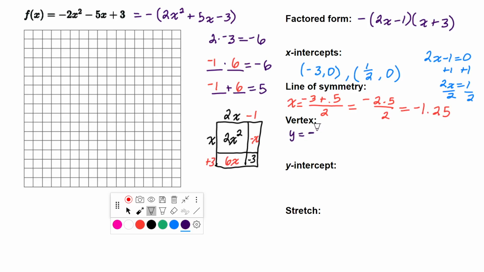So we still have that negative out front. We're going to take 2 times negative 1.25 and subtract 1 and multiply it with negative 1.25, adding 3. So we have negative 2 times negative 1.25, subtract 1 is a value of negative 3.5.